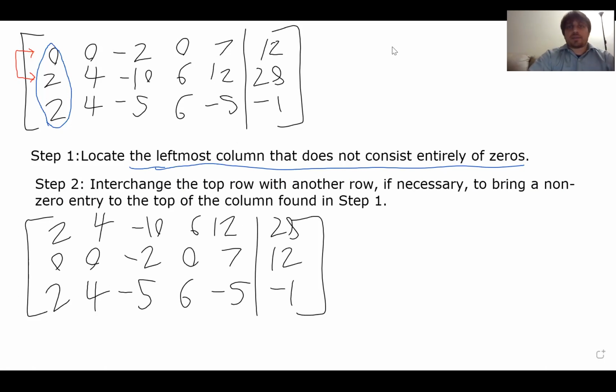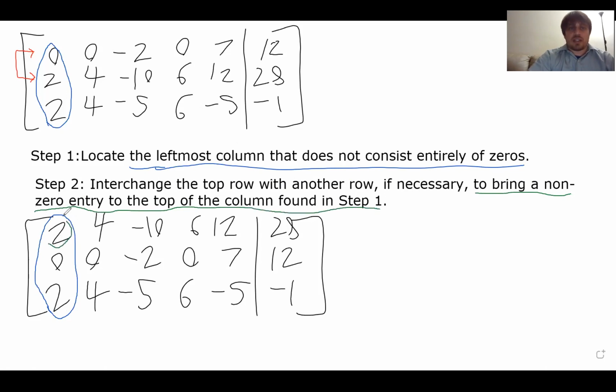Now, the first non-zero column has a non-zero entry at the top of the column. Okay, so that was the goal: to bring a non-zero entry to the top of the column found in step 1.